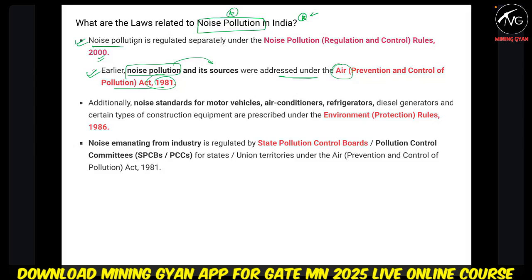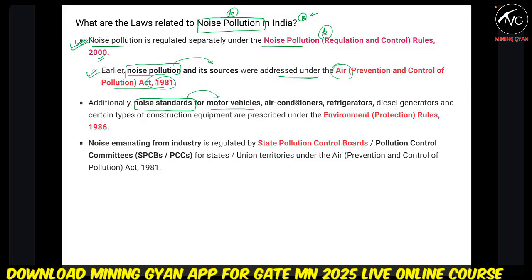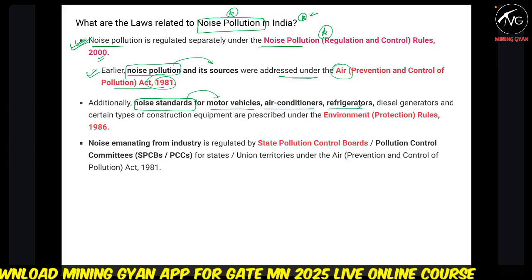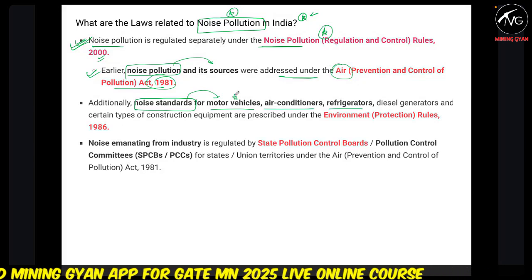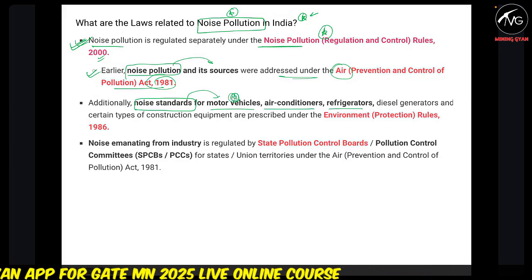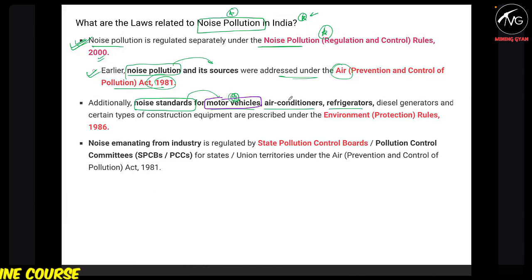So first fact is this point. Second, you can remember that noise standards for motor vehicles, air conditioners or refrigerators, and in mining, the motor vehicle noise pollution is also mentioned in the Environmental Protection Rules 1986.